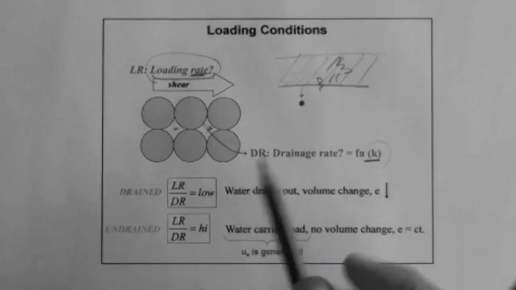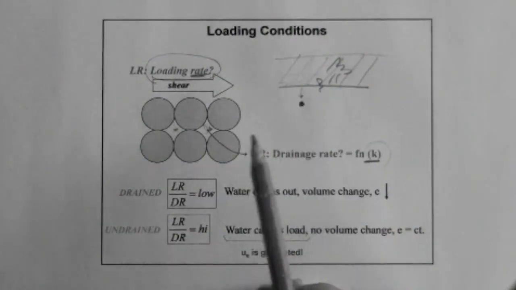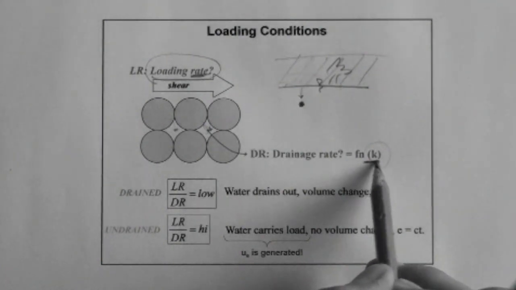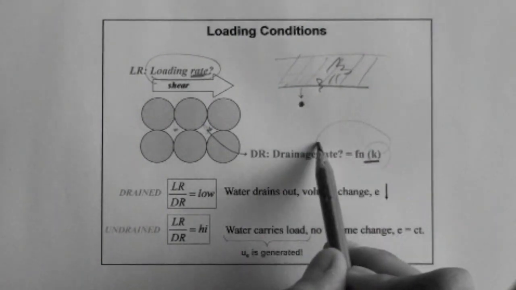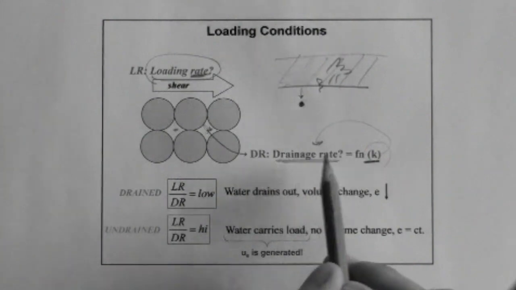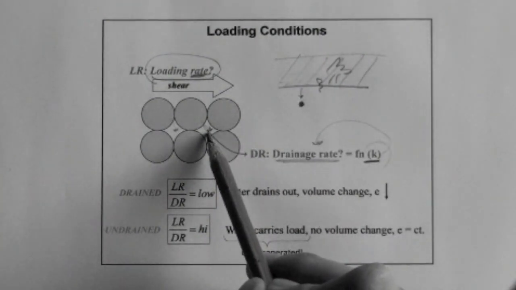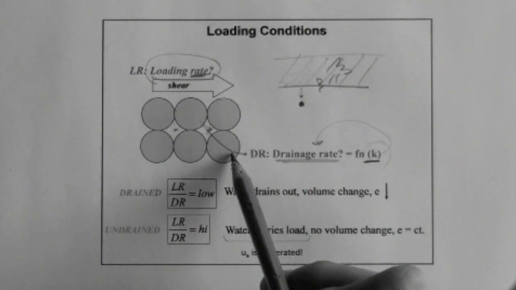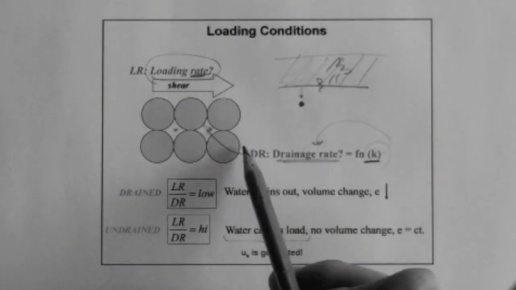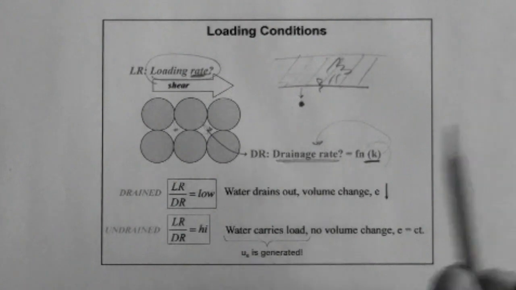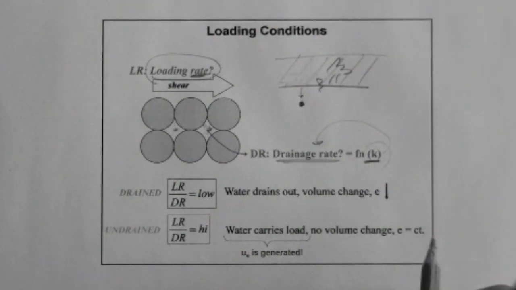Generally, that's the case. So the hydraulic conductivity dictates what's called the drainage rate, which is how easy or how fast the water will be able to escape the voids.